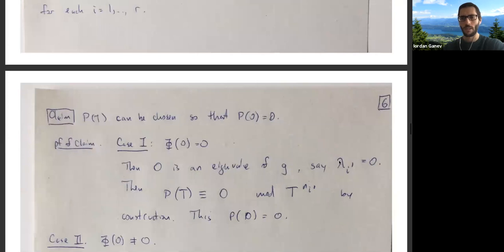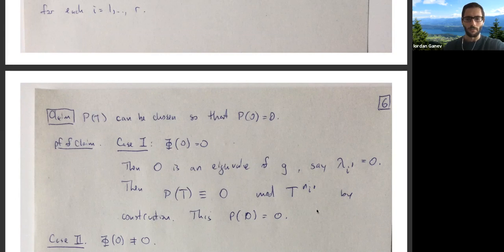And so then one of these lambdas is equal to 0. But then how did we choose p? Well, we chose p to be congruent to each of the lambdas, mod (t minus lambda_i) to the n_i. But for that specific lambda that's equal to 0, we get that p of t is congruent to 0 mod t to some power. And so then p of 0 has to be equal to 0.